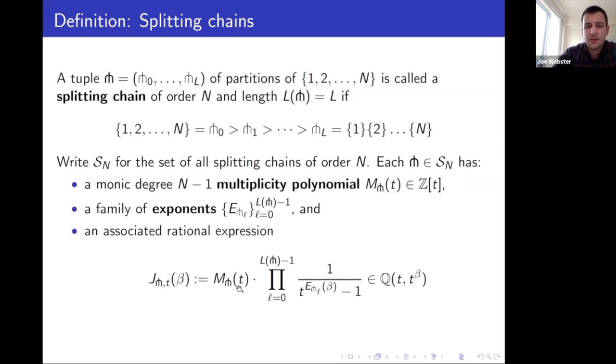And then using these two things, we form this rational expression, which we saw an example of evaluated at t equals p before. Notice that this is, again, rational in t and t to the beta with rational coefficients. In fact, if you were to expand this out explicitly, you would see that the coefficients of the numerator and the denominator are integers. Okay, so attached to every splitting chain, we have one of these rational functions.